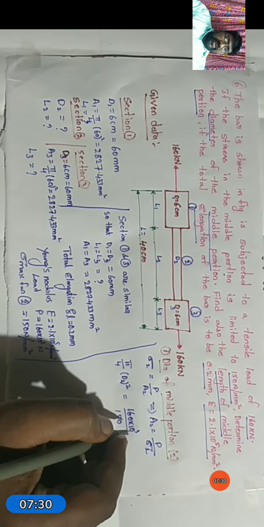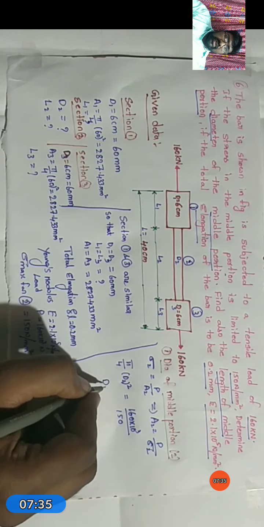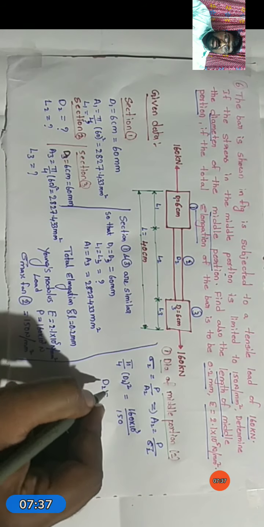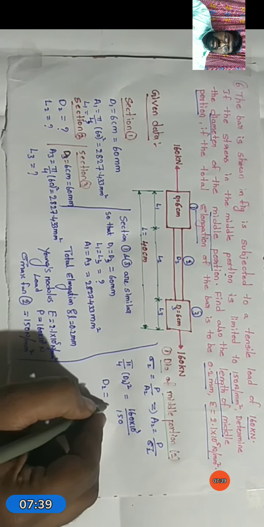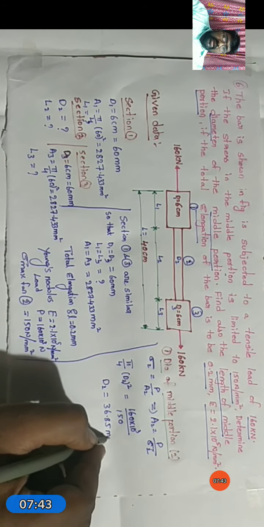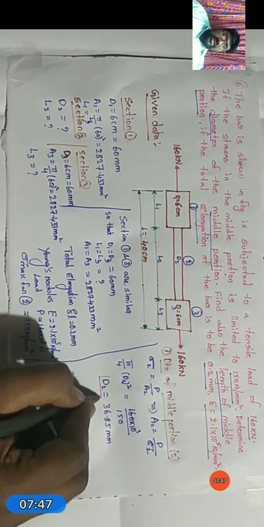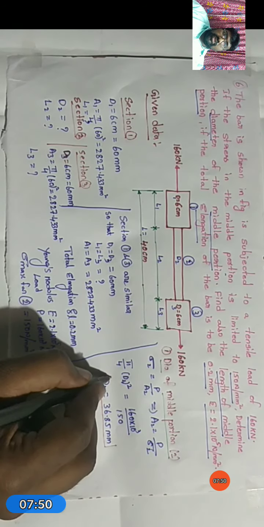By simplifying this equation, we will get the diameter of the rod as 36.85 millimeters. It is the diameter of the middle portion.